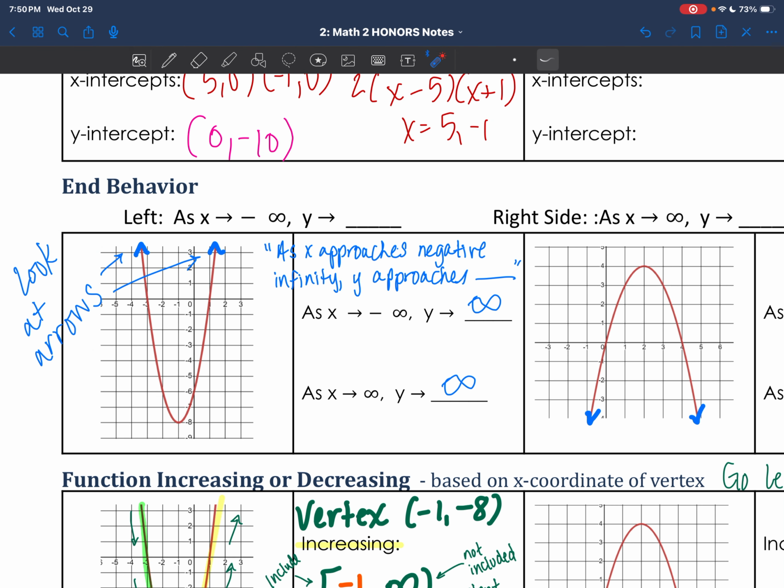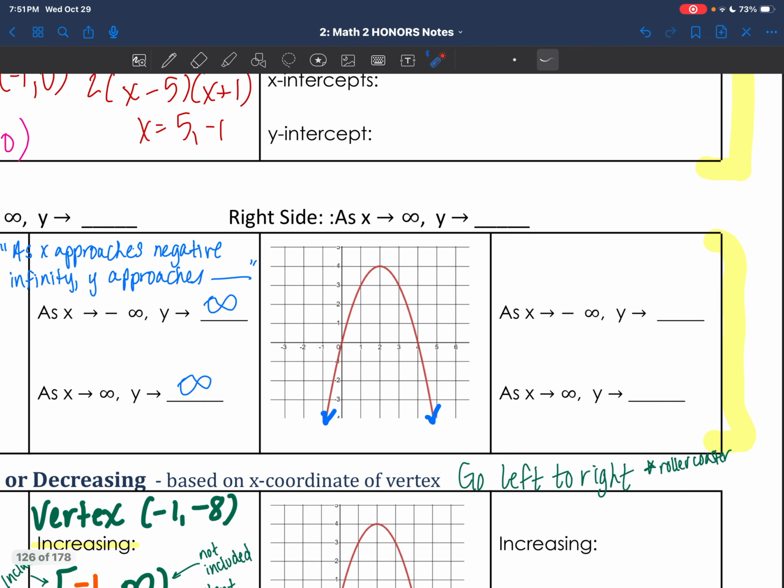You're going to look at the arrows. What's happening? What direction is it going? So in this case, as x is getting more negative, y is going up. So y is going to positive infinity. And as x is going to positive infinity, y is also going to positive infinity.